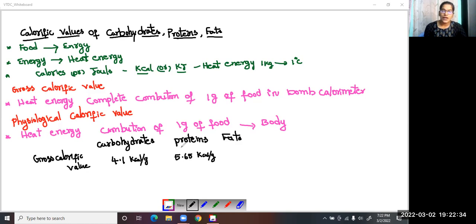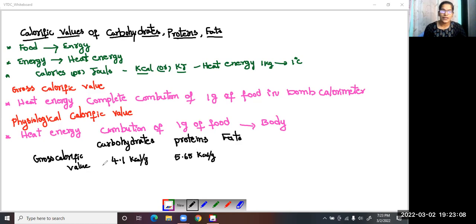That means for the breakdown of 1 gram of protein in the bomb calorimeter, 5.65 kilocalories of energy is released. Similarly, by the breakdown of carbohydrates in the bomb calorimeter, 4.1 kilocalories of energy is released.